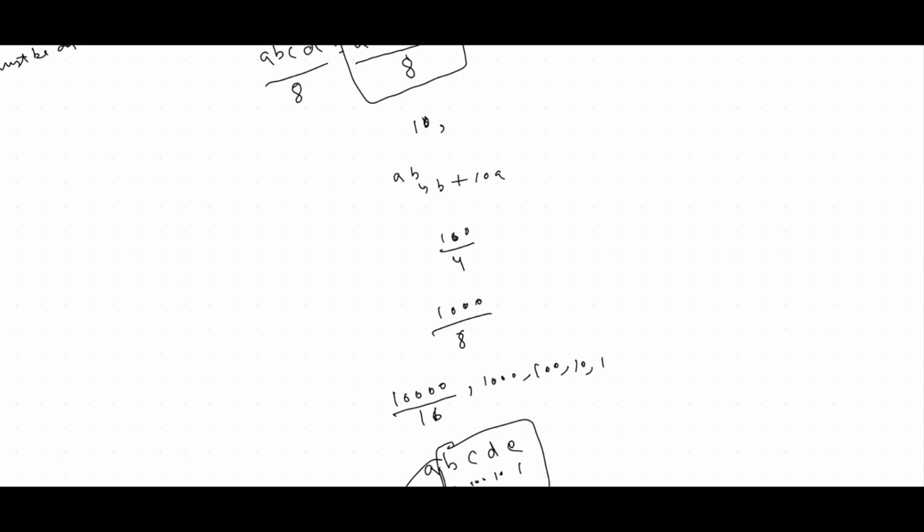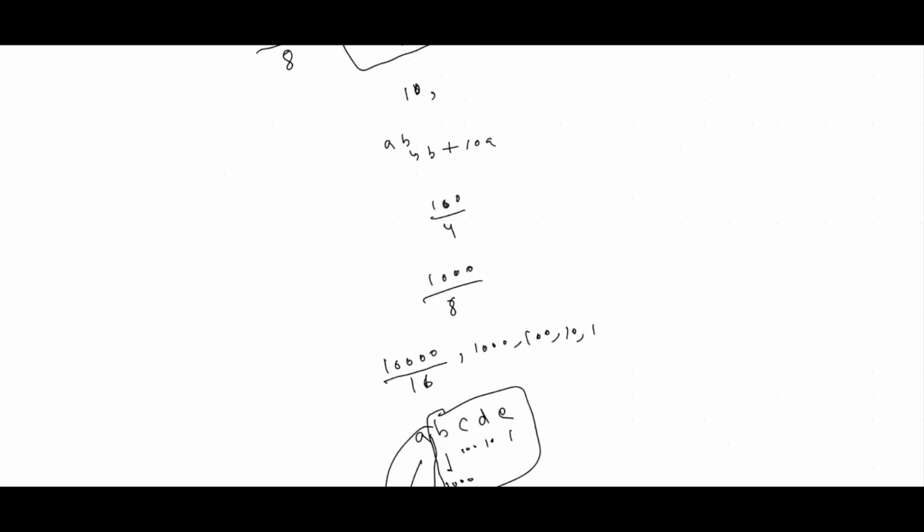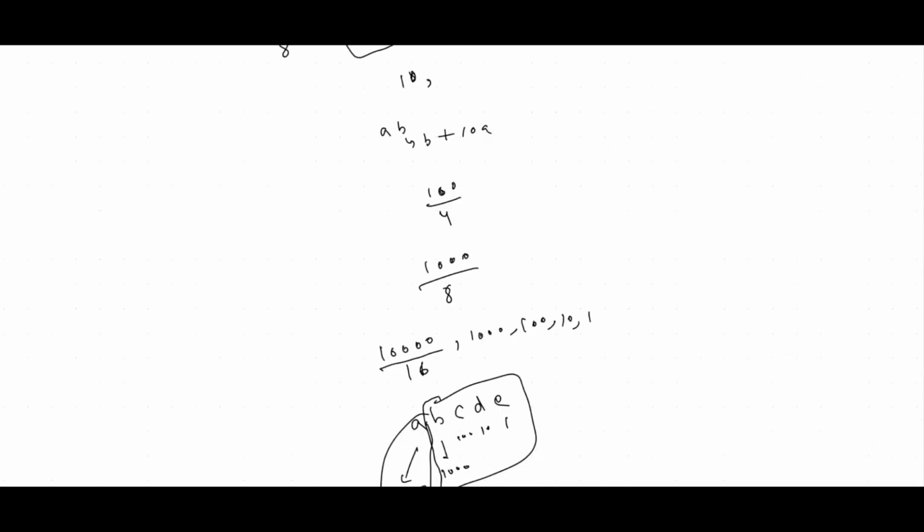So we just need to check the last digit. But 100, now we're talking about the hundreds place, is divisible by 4. So for 4, you need to check the tens place and ones place.